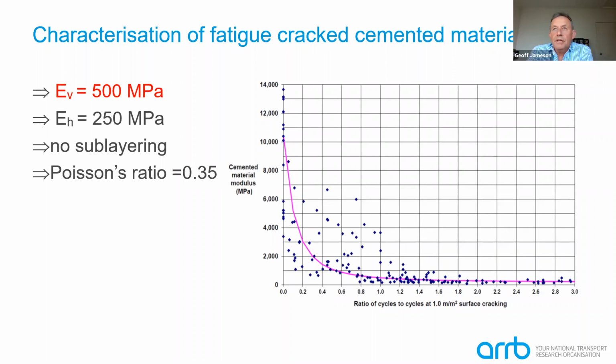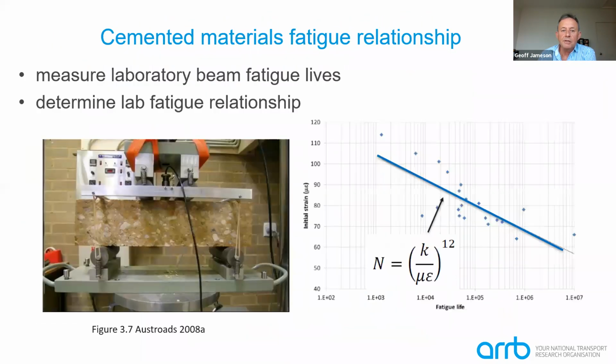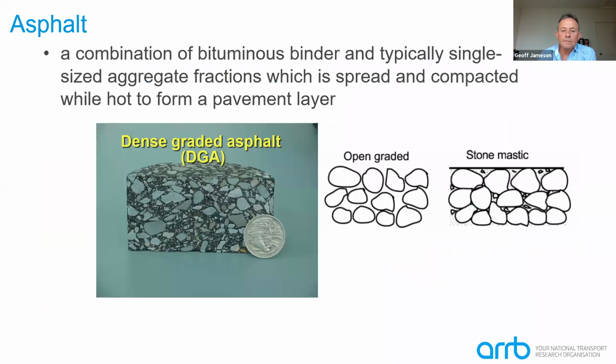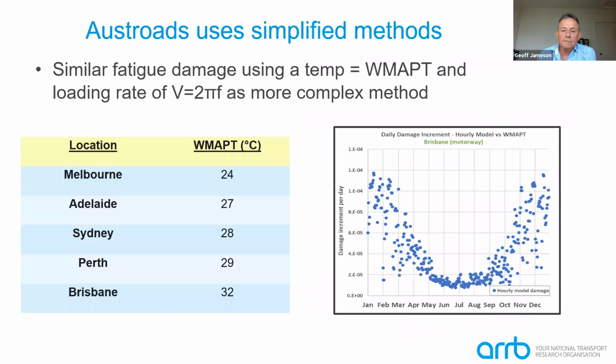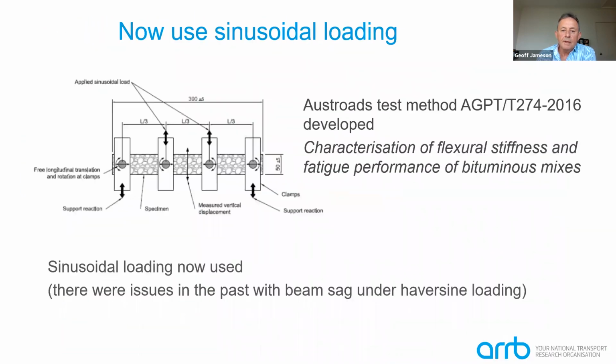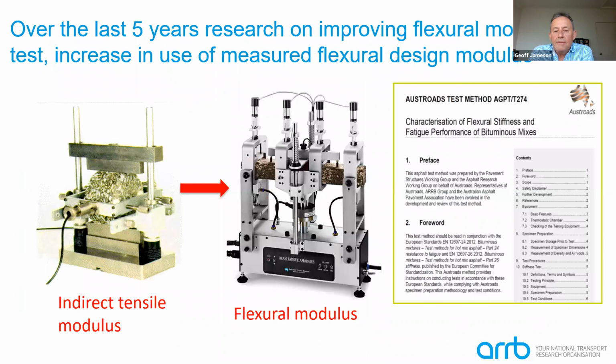Well, the issue when you test at high temperatures is basically, when you have that sort of test set up where you're measuring the modulus, at higher temperatures you get deformation of the material.